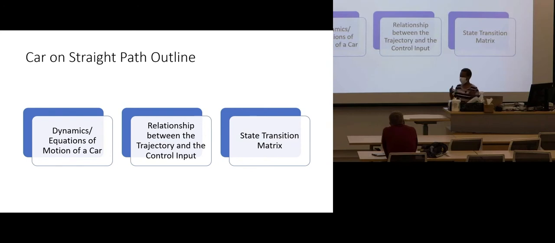Today is the day that we actually derive that. We'll then talk about the relationship between a trajectory and a control input. Those are a bunch of random words right now, but hopefully they'll make sense once we get there. And lastly, we'll get to this cool thing called a state transition matrix. Any questions so far?